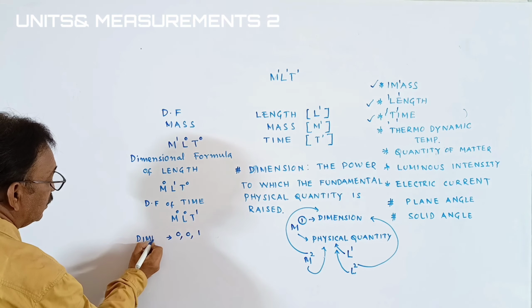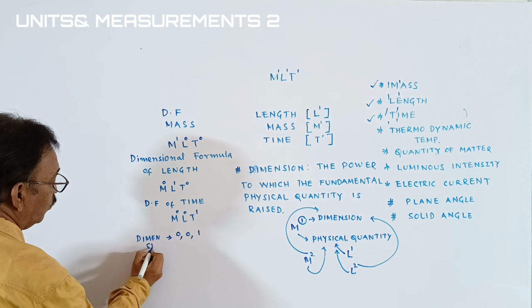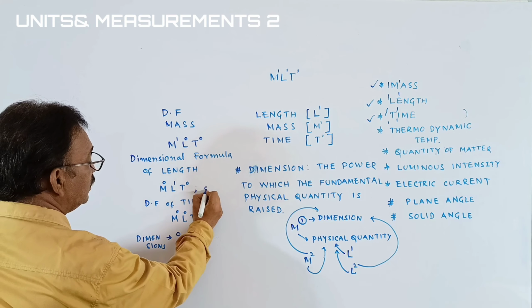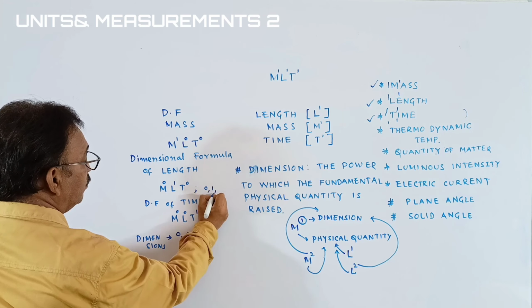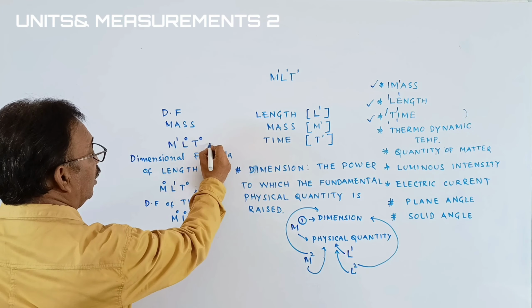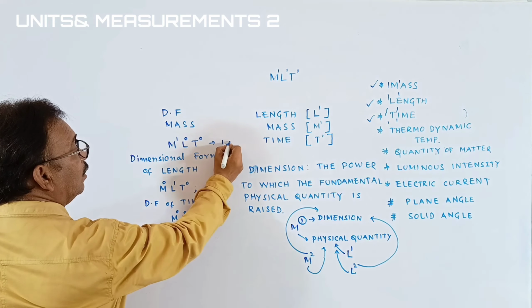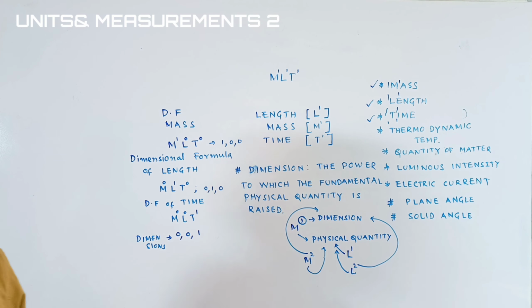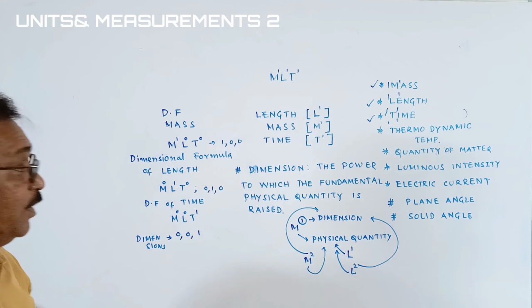Okay, students. The same could happen here. The dimensions of mass is 0, length is 1, and time is 0. Here also 1, 0, 0. In that way, we will write the dimensions.